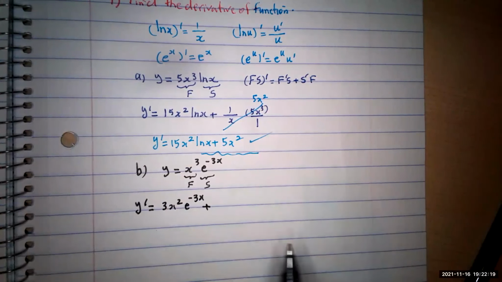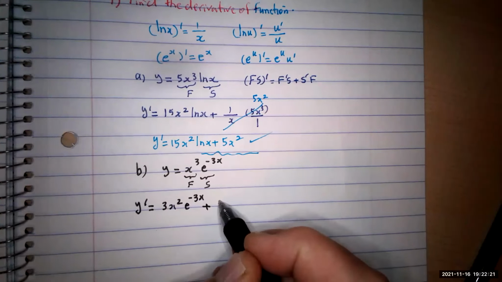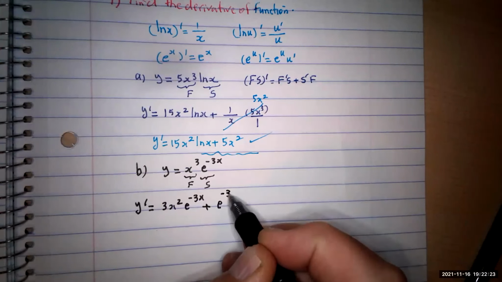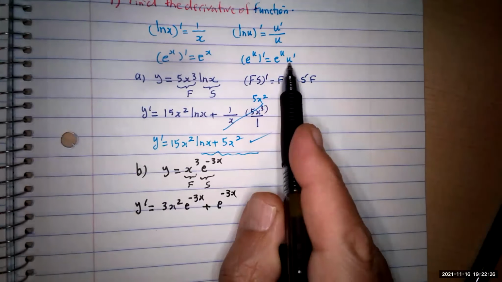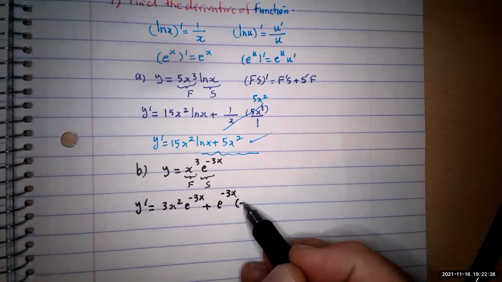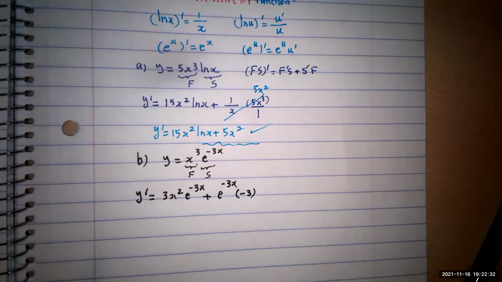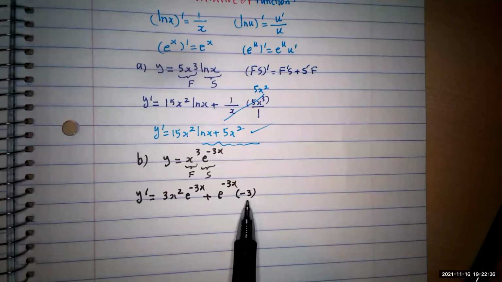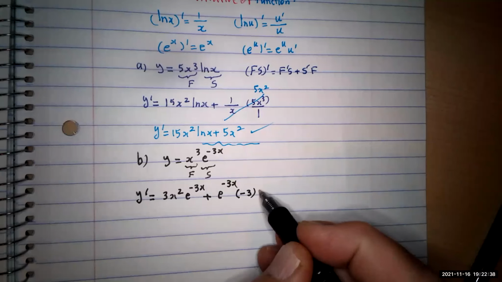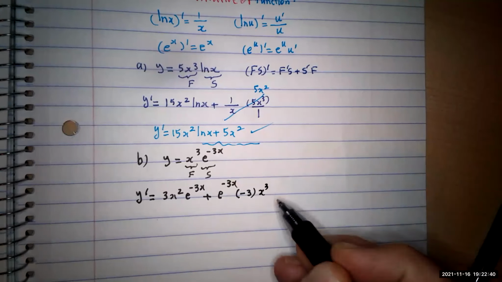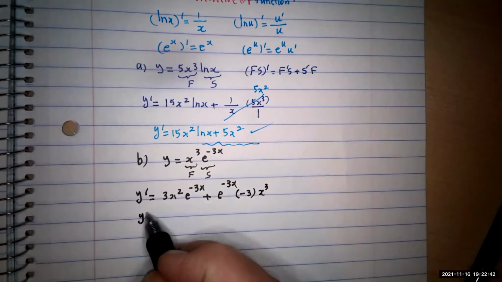Derivative of the e function is just the e function, e to the negative 3x, but times u prime. u prime would be negative 3. Okay, the exponential function never changes, but you have to multiply by the derivative of the top. So times the first one. So you simplify it if it's possible.